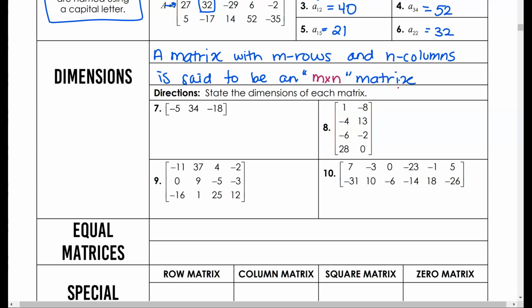So we're always going to say the rows first because we're always going to say it as M by N. So here's our M rows, N columns. So rows by columns.